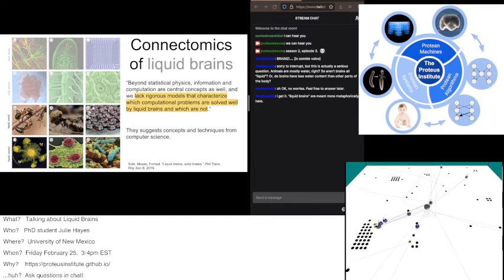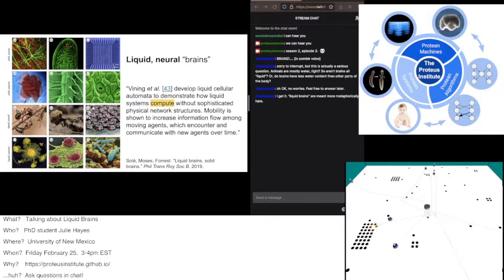And this is from again this broad overview paper from which the framework arises. There's a lack of rigorous models to understand these, and we're exploring that space. It's not nearly as developed as the connectomics of solid brains, for example, and what the next steps are in developing that. So we'll start with a computational lens.